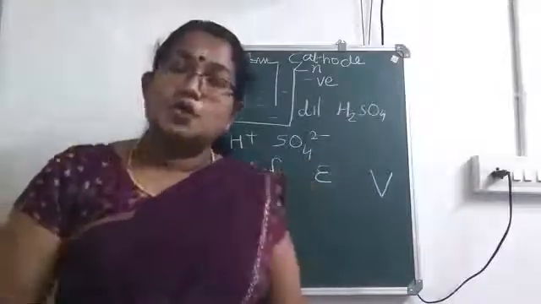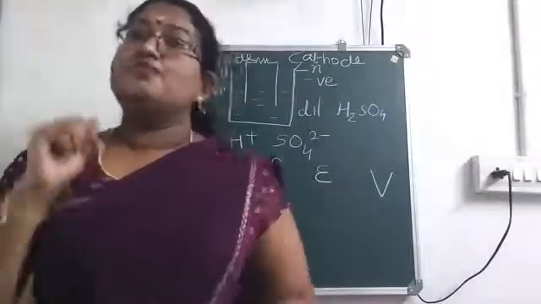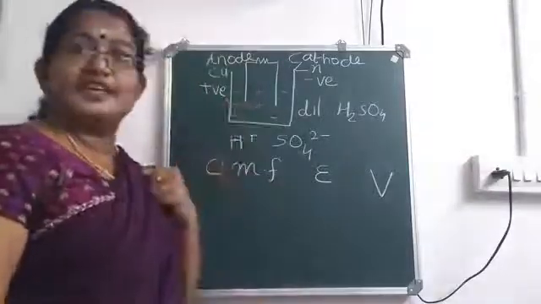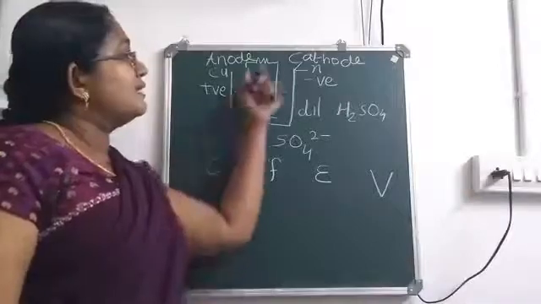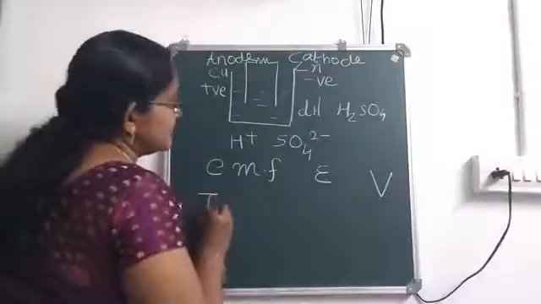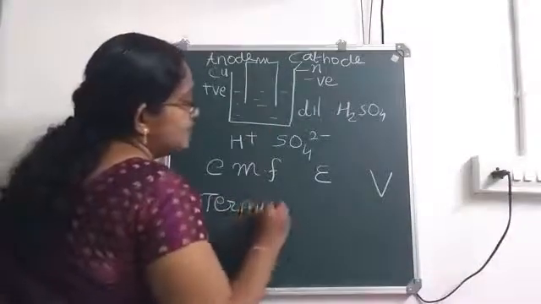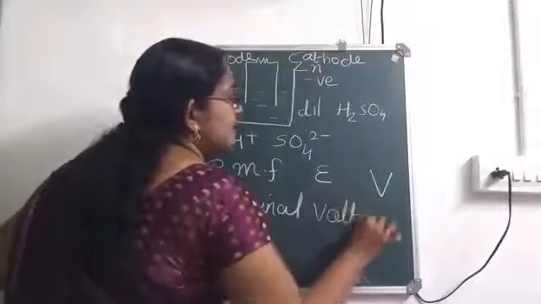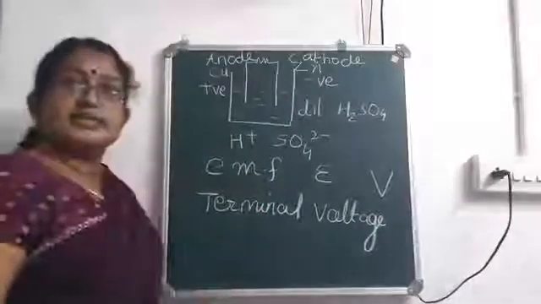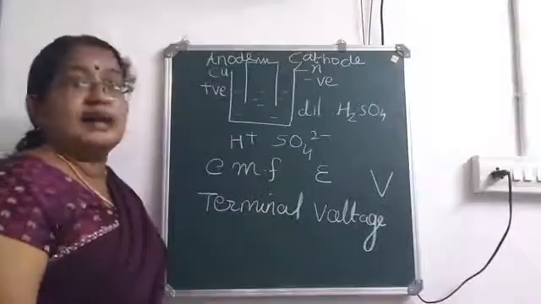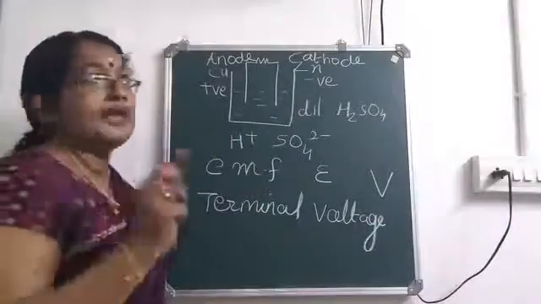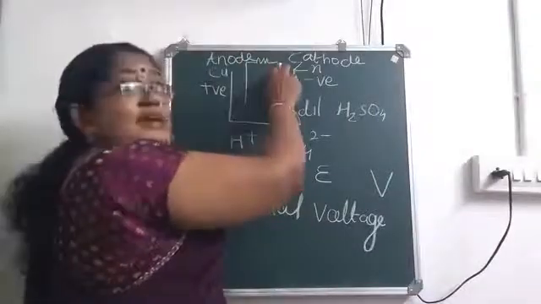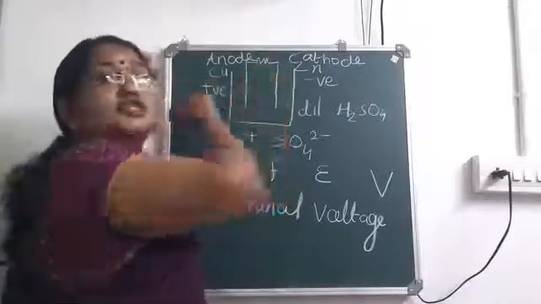And in a closed circuit, when current flows through a circuit, the potential difference between the terminals can be called as terminal voltage. Okay. So what is that? Terminal voltage. What is terminal voltage? It is the potential difference between the electrodes when current is drawn from it.